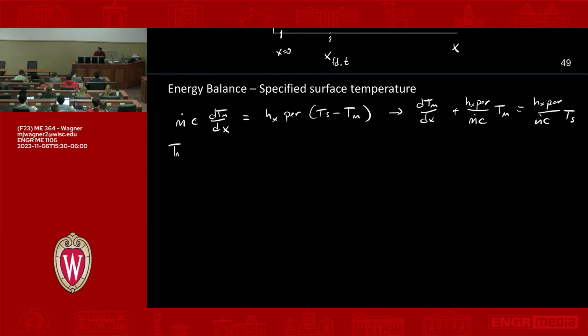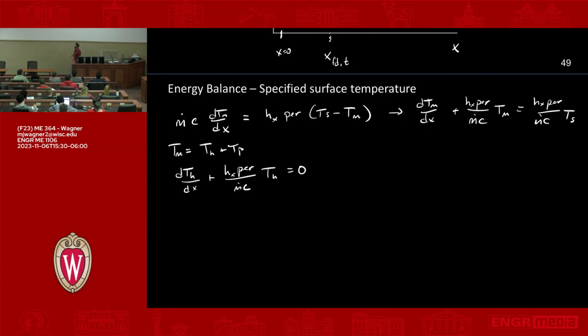We'd say Tm is equal to Th plus Tp. We're making that substitution. We can write out the homogeneous part of the equation: dTh/dx plus h_x perimeter over m dot c times Th equals 0. Just a reminder, this homogeneous equation is all the stuff that's multiplying our independent variable, Th, equal to 0.